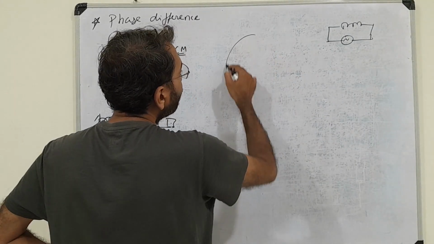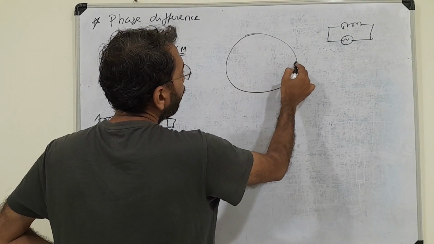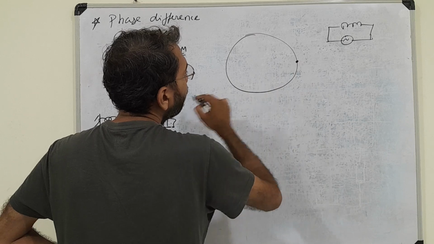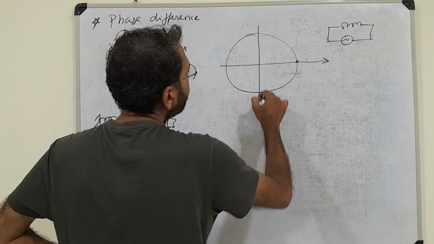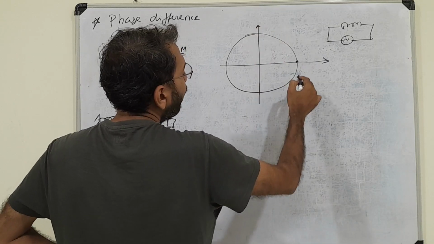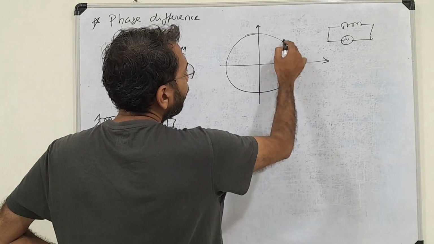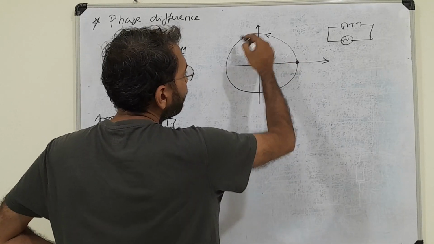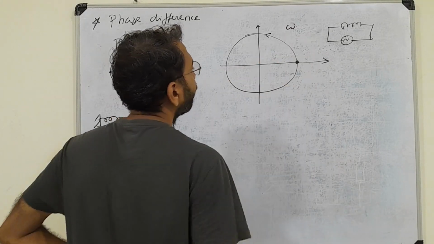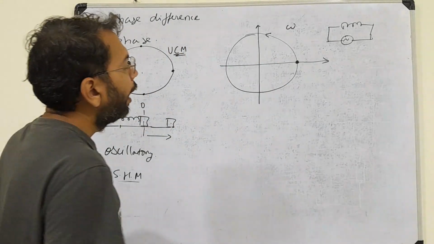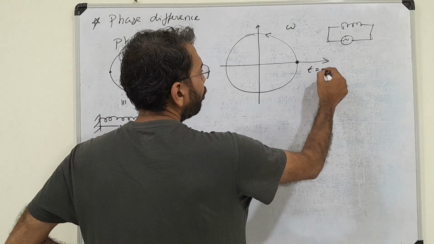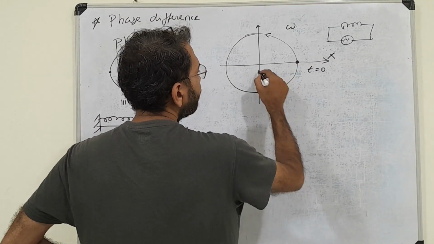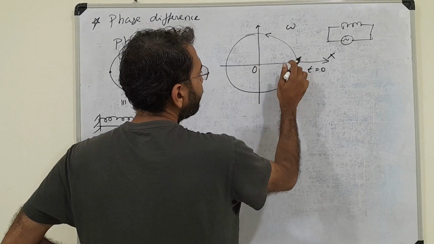So consider a circular motion. The particle is over here, and let's say this is the x-axis and this is the y-axis, and the particle starts from here and goes in a circle like this with a constant omega. And let's say the particle is starting from here at time t is equal to 0, and this is the origin, and let's say this distance is a.